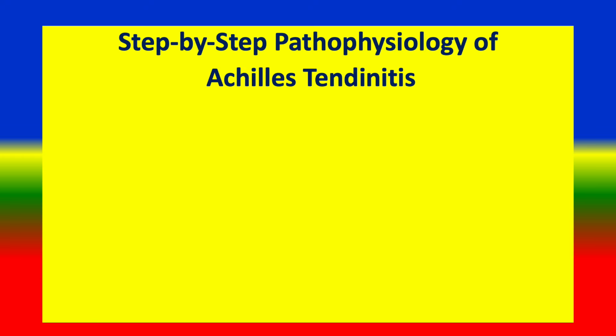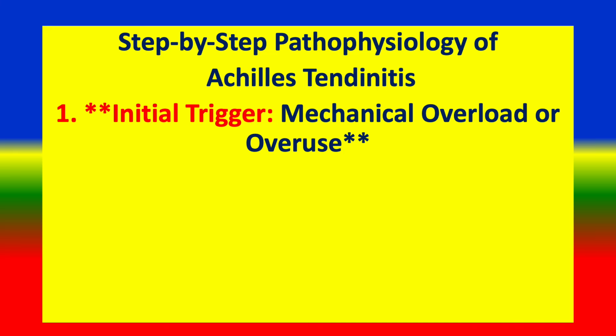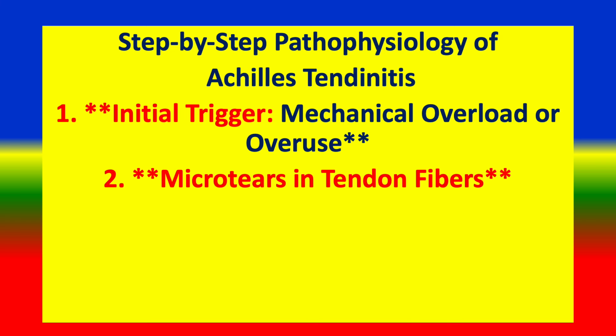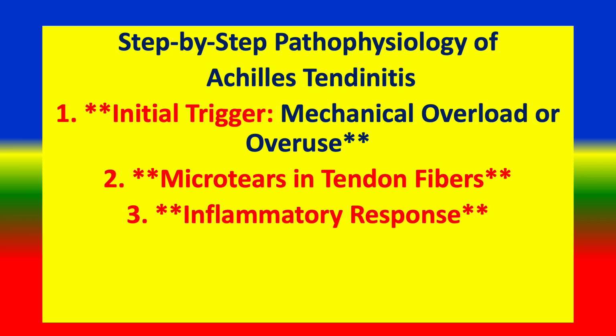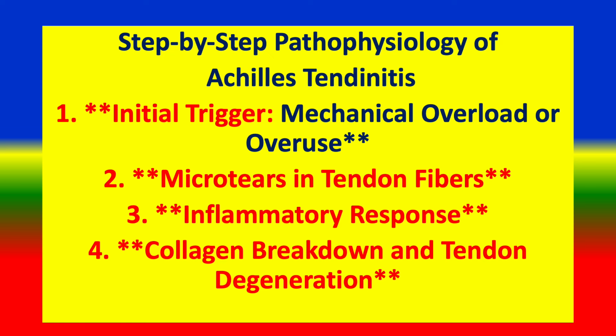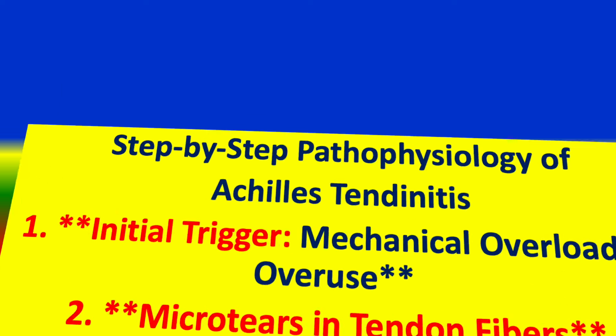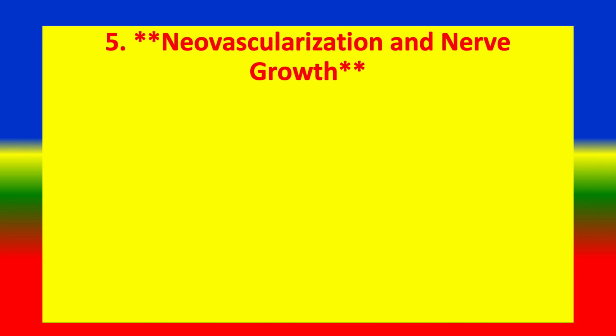Step-by-step pathophysiology of Achilles tendinitis. 1. Initial trigger: mechanical overload or overuse. 2. Micro tears in tendon fibers. 3. Inflammatory response. 4. Collagen breakdown and tendon degeneration. 5.